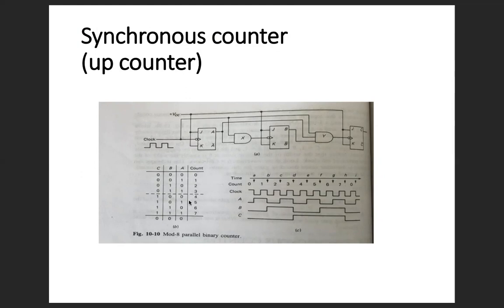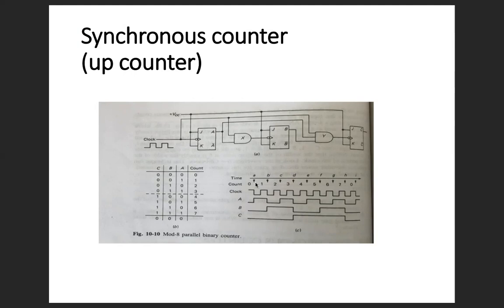In case of synchronous counter, the time period of the output will be shorter than the time period of asynchronous counter. Since we are giving the clock signal at the same time, the output display from flip-flop A, flip-flop B, and flip-flop C will be much faster, which means the output display from A, B, C will be at the same time.